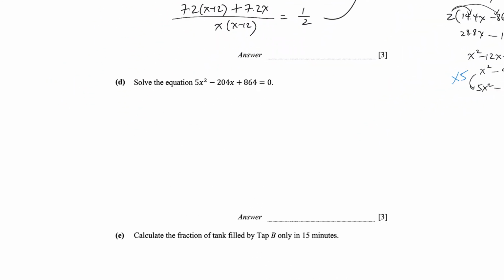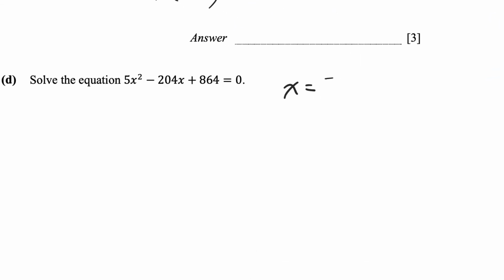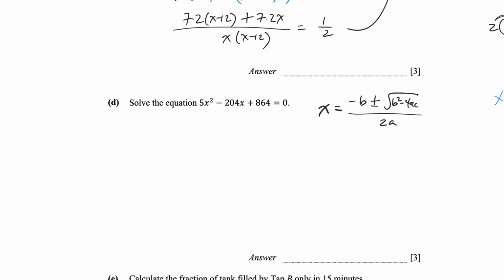Now they ask you to solve it. There are many ways, but the easiest, most foolproof method is the quadratic formula, as long as you memorize it correctly. A is 5. B, take the sign into account, is negative 204, and C, take the sign, 864.